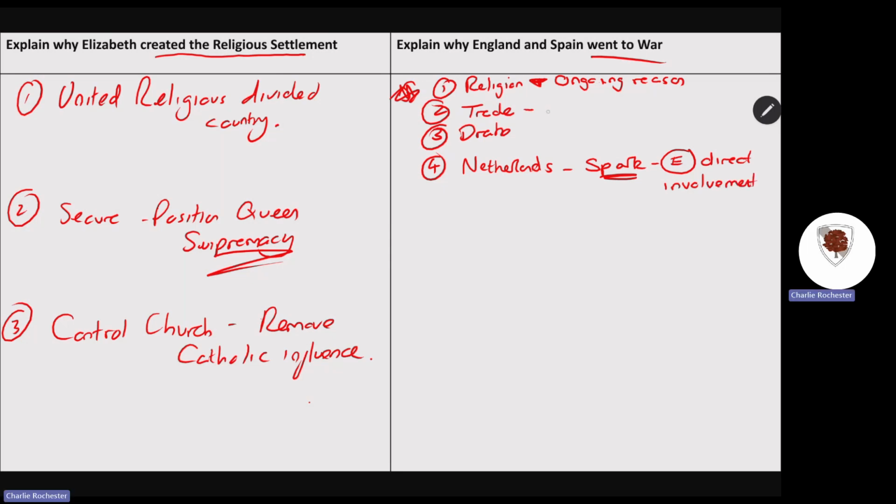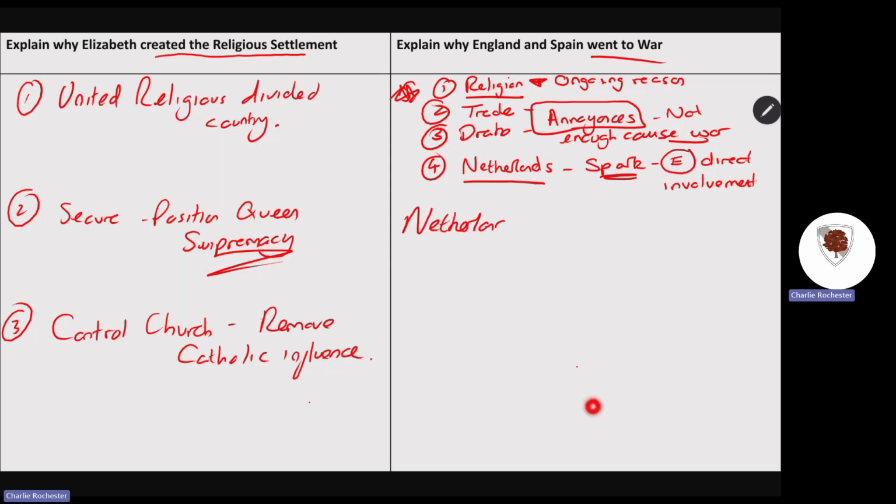I would say trade and Drake were both annoyances, but not enough to cause a war. They were more annoying. Religion and the Netherlands were by far 2 of the most important reasons why war happened. The only one I'm going to go through in a bit of depth is the Netherlands. The rest are all manageable, I think, to talk about.